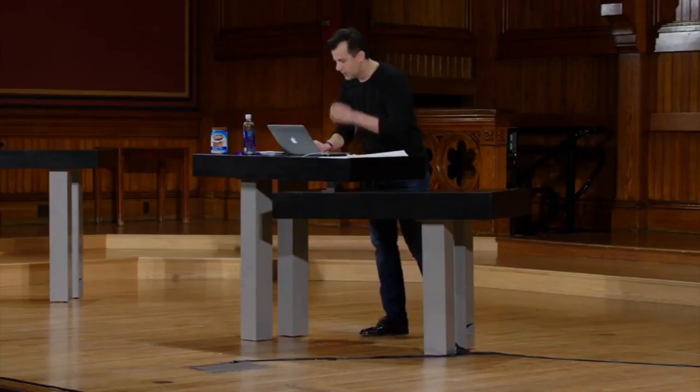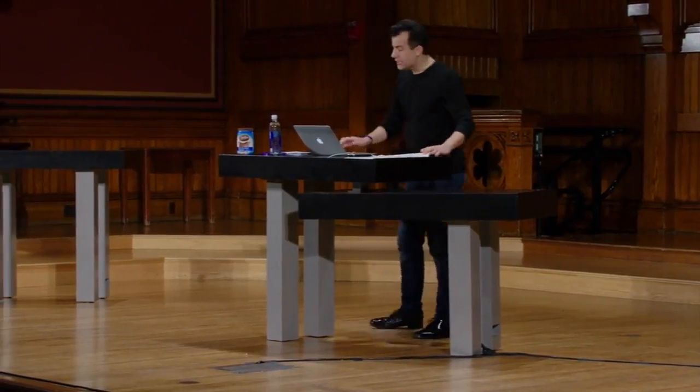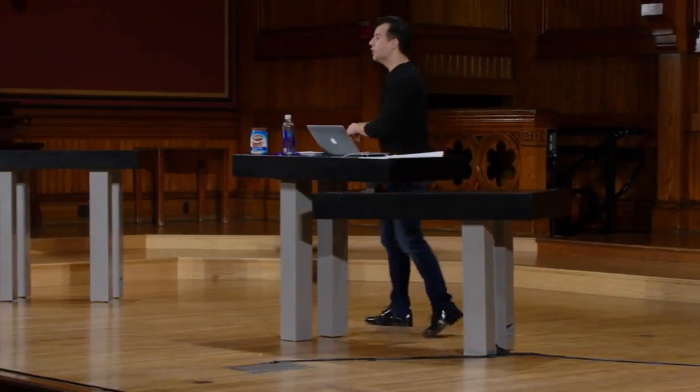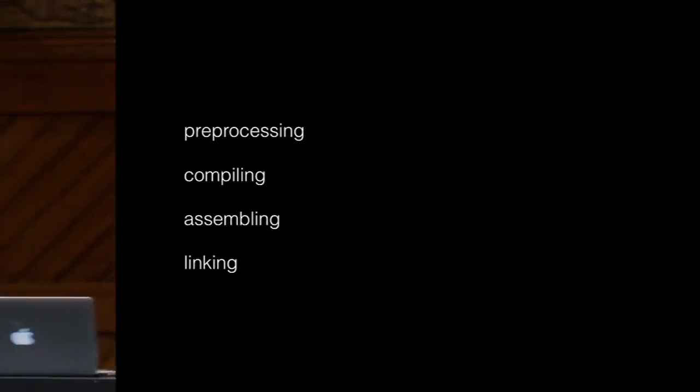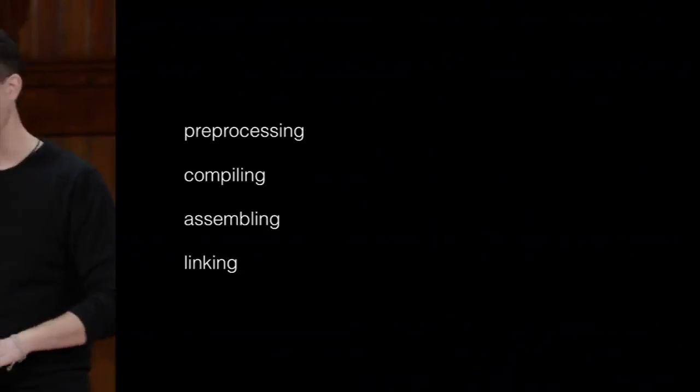All right, so what's going on then underneath the hood there? Well, it turns out that even though we can simplify the command structure, it's actually doing quite a bit for us. And this is the process of compiling, but that was kind of an oversimplification, or put more intelligently, an abstraction. There's actually quite a few steps that go on underneath the hood, one of which is called preprocessing and compiling and assembling and linking.